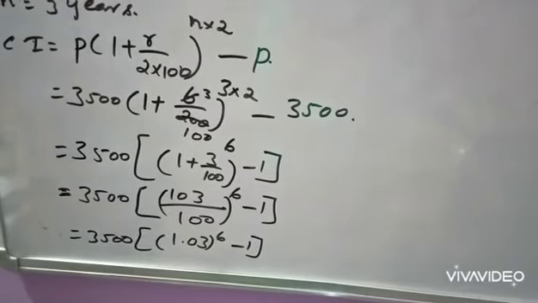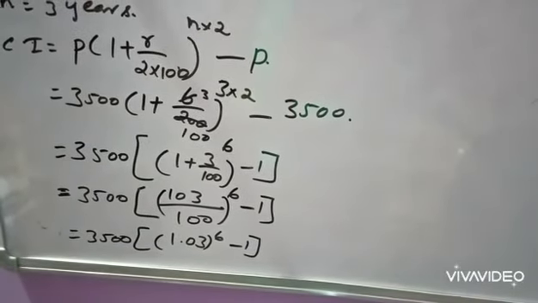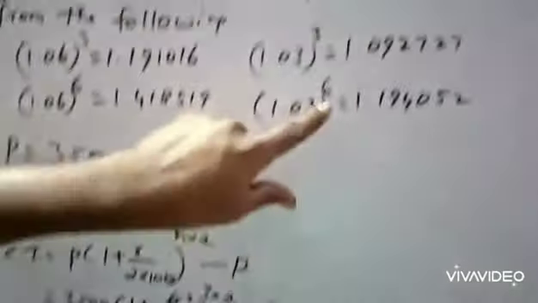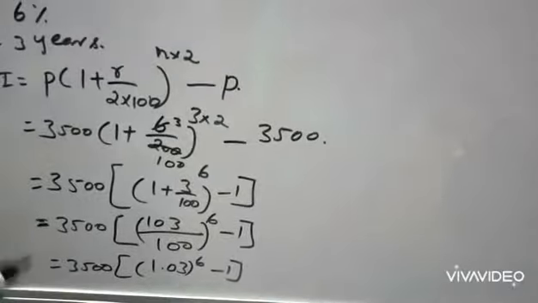So in the table they have given 1.06 power 6 equal to something. So 1.03 we have. So 1.03 power 6 equal to this. So we can take this and apply it here.